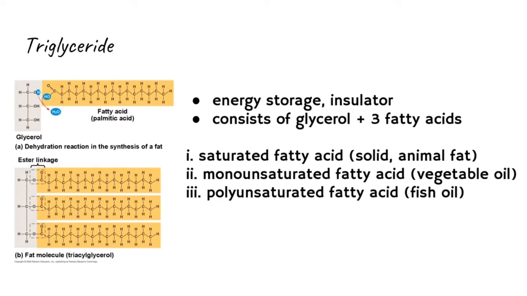It is solid, made up of animal fat, and only made by single bonding. The second and third ones are both unsaturated fatty acids, which have a liquid texture and come from plant or fish oil. They are made by at least one double bonding.